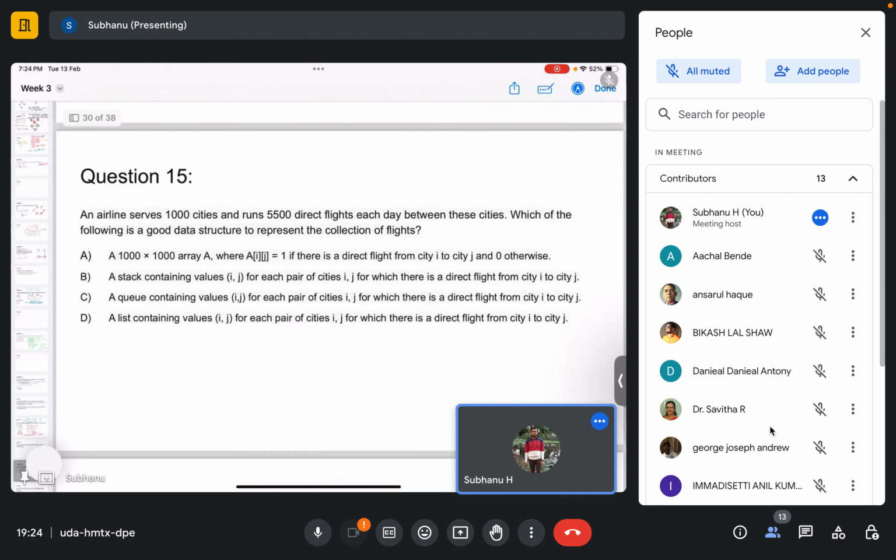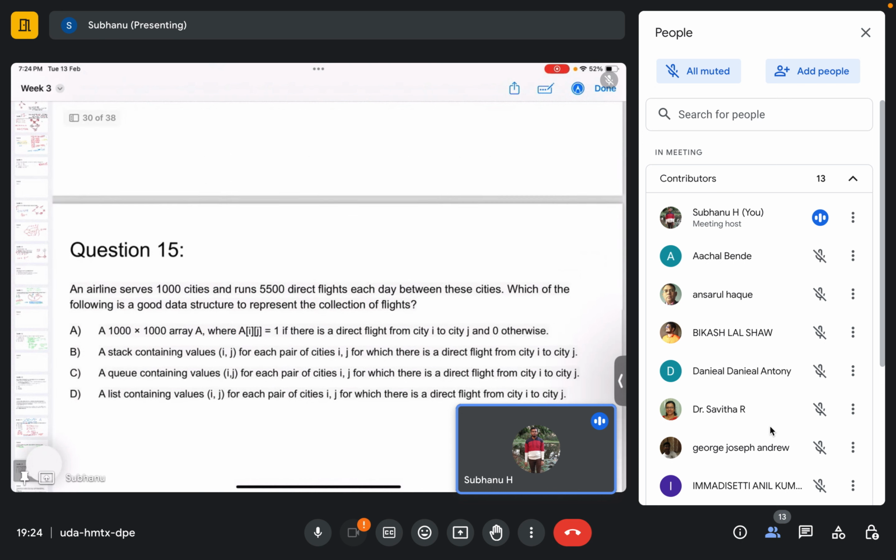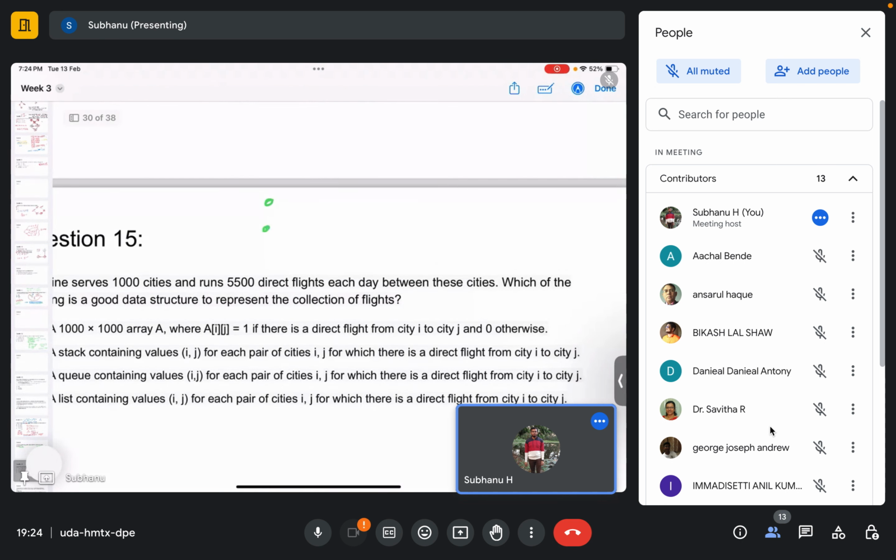Okay, now the second question is: an airline serves 1000 cities and runs 5500 directed flights each day between these cities. So there are many cities, and the aeroplanes run between these cities.